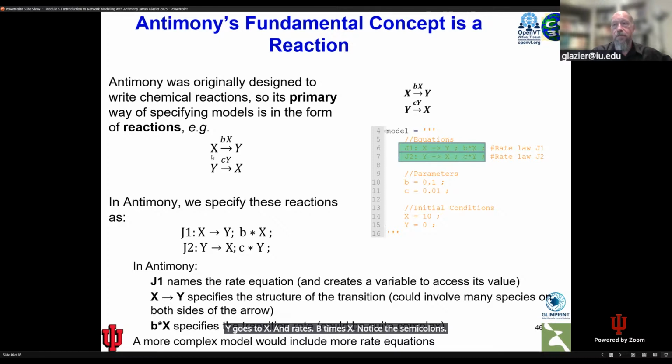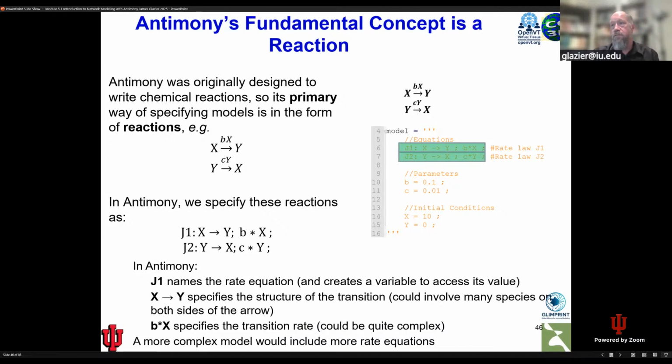And so if I have the chemical reaction X goes to Y at a rate B times X, I type X dash arrow Y semicolon B times X. The great thing about antimony is that every arrow you have shows up as an arrow in your code. Antimony is what is called the declarative language.